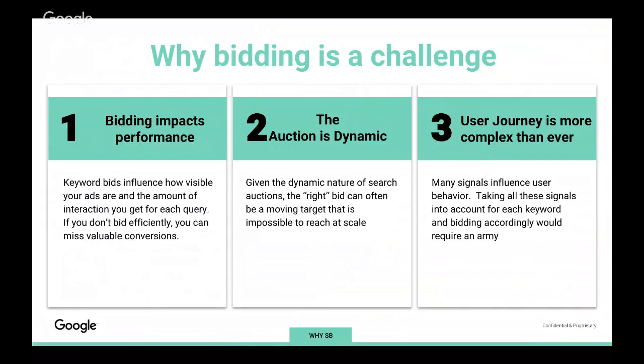So the user journey is getting more and more complex, and if you just look at the touch points on one specific device or one specific keyword, you won't be able to fully optimize on all the touch points.